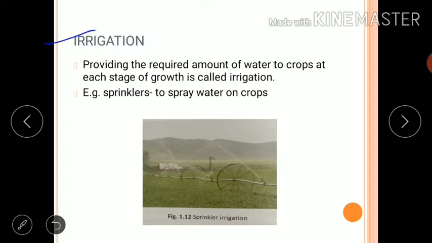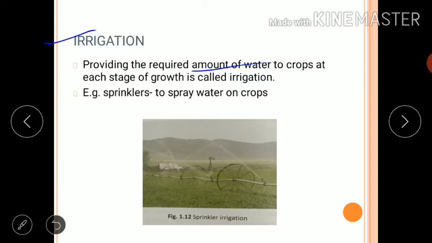Different kinds of plants need different amounts of water. For example, rice needs standing water, whereas ragi, bajra, jowar do not need a lot of water. Too little or too much water can destroy crops.